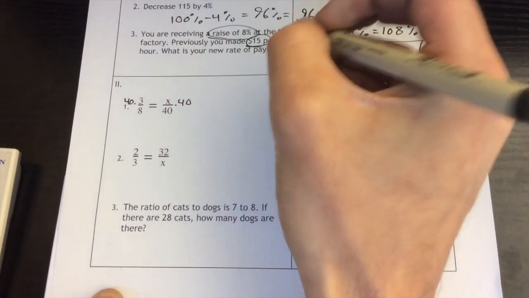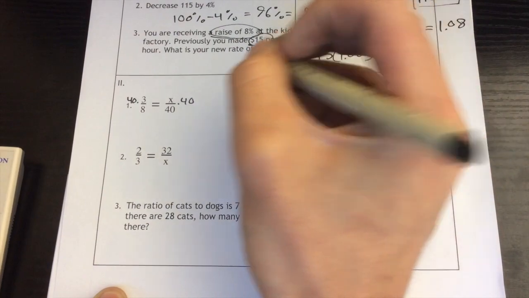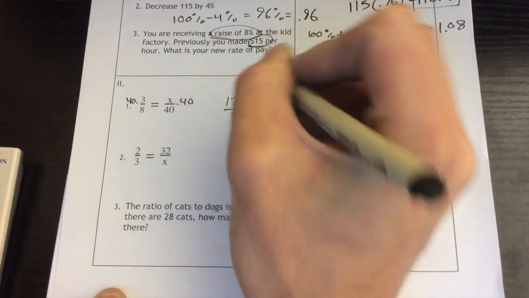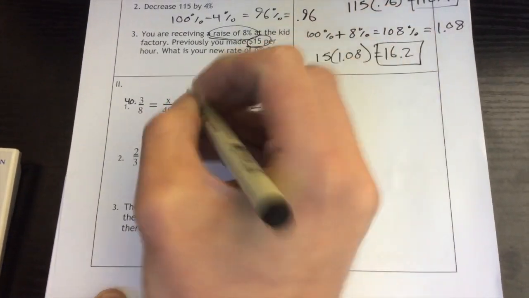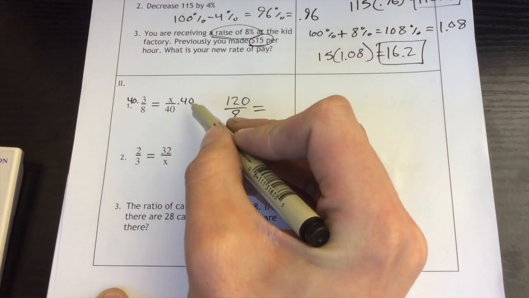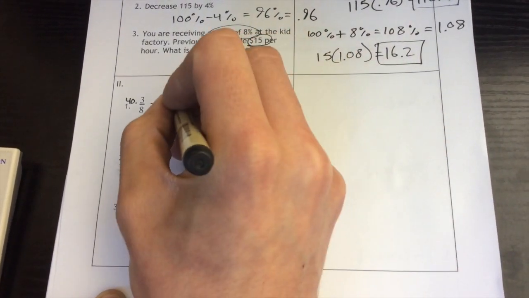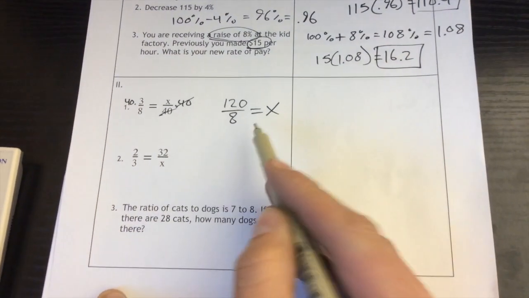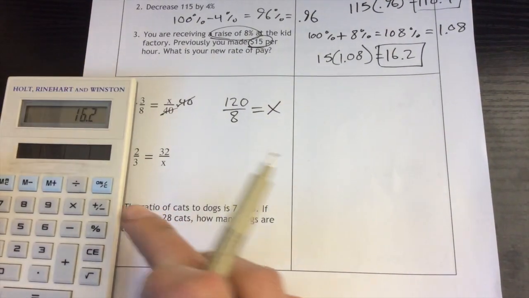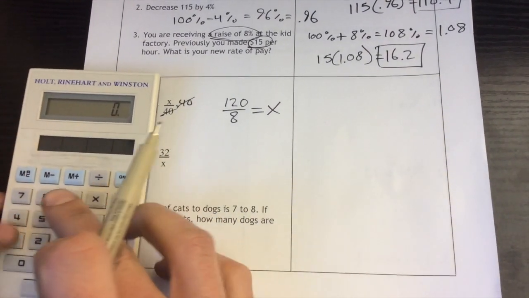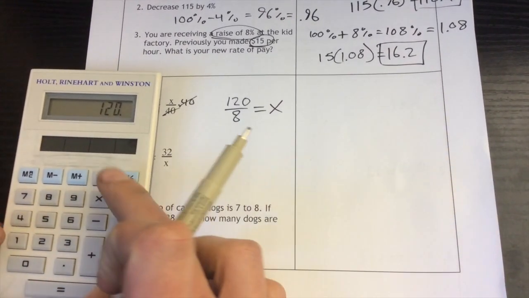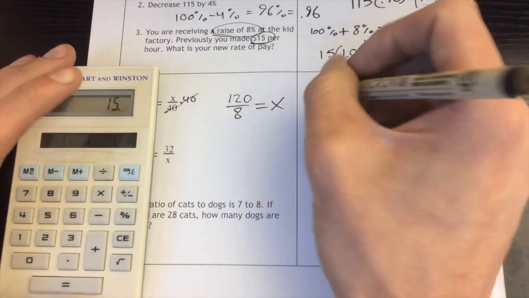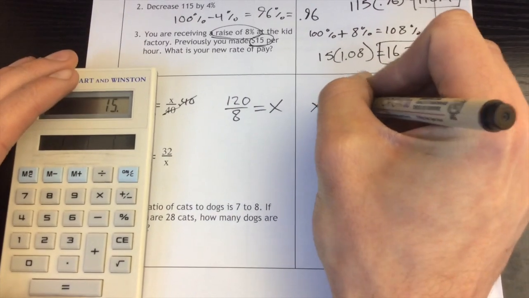So on the left side here, that's going to say 40 times 3, which is 120 over 8, is going to equal, the reason I did this is because if I multiply by 40 and divide by 40, they cancel out. They make 1. So x is alone. So that's actually an answer right there. But I actually think 120 might be divisible by 8. And sure enough, it's 15. So x is equal to 15.